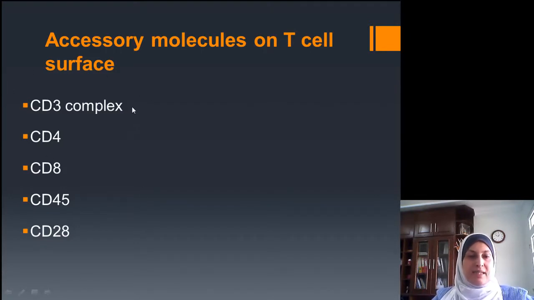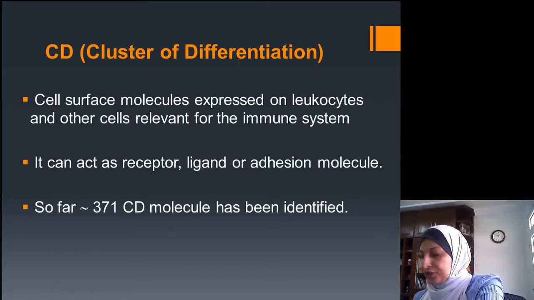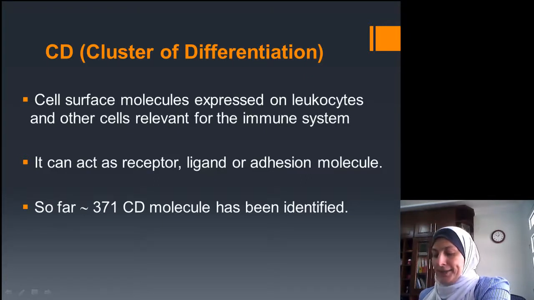So we have the CD3 complex, CD4, CD8, so we know those. We have CD45, CD28. What is a CD? CD, it's not a compact disk, it's a cluster of differentiation. And cluster of differentiation refers to certain molecules.